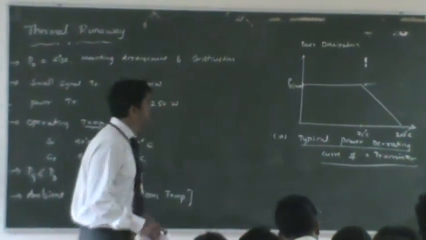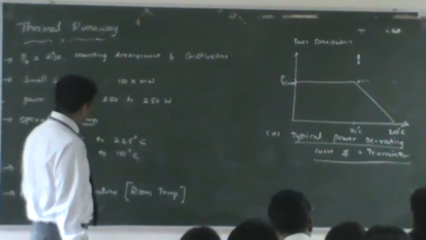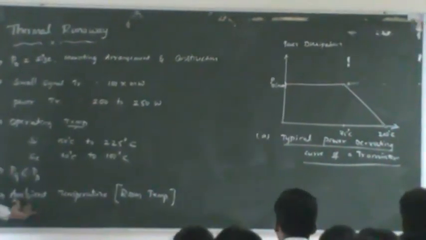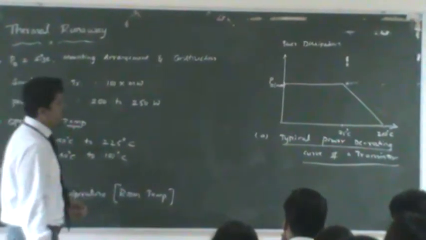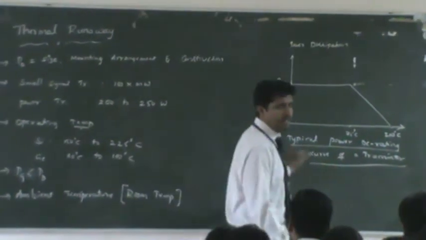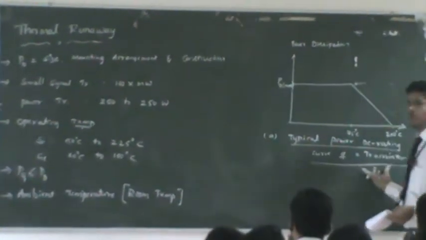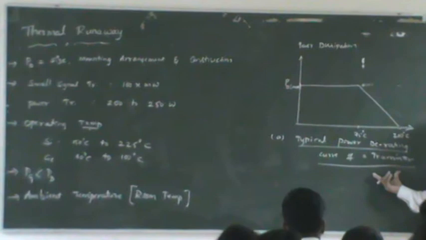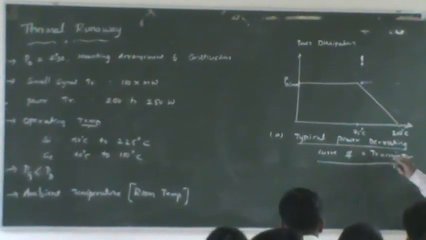Look at this curve here. As ambient temperature keeps on increasing in a transistor, the power dissipated keeps on decreasing. That's what this curve shows, and the phenomenon is called power derating. You understand this?